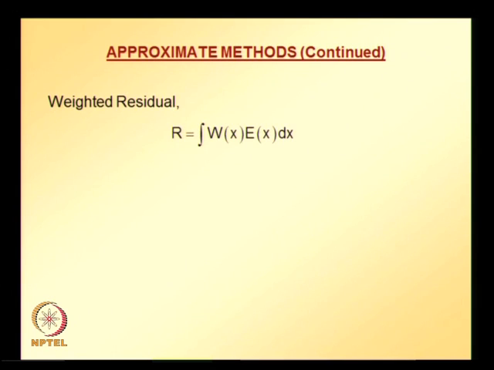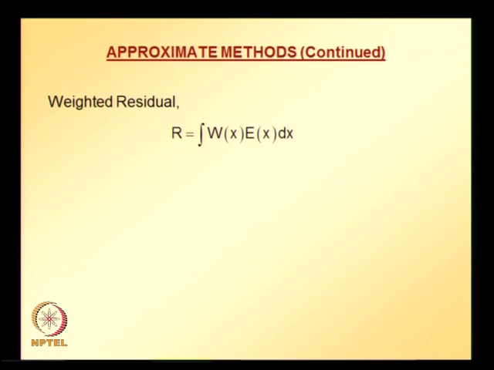So the weighted residual is denoted with R, the integral of the weight function times the residual integrated over the problem domain, and this weight function is a suitable weight function.